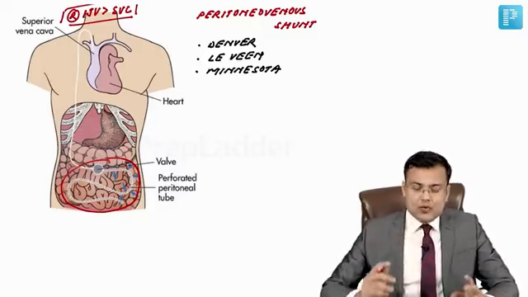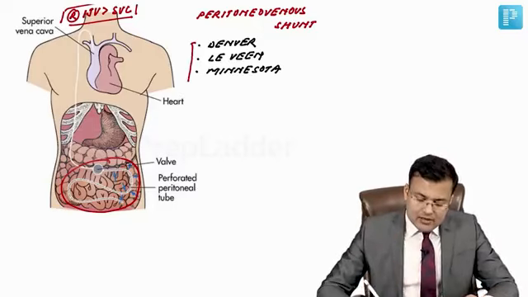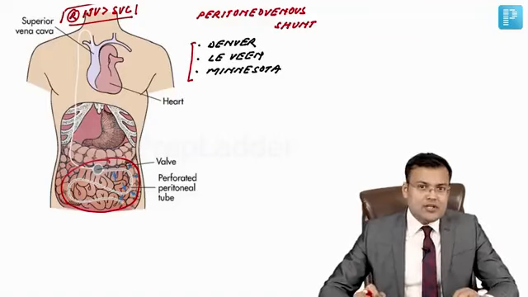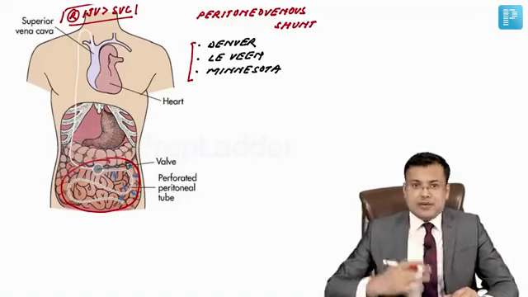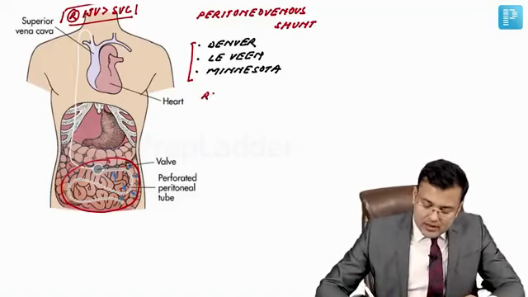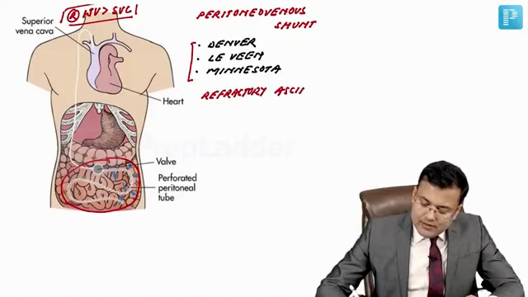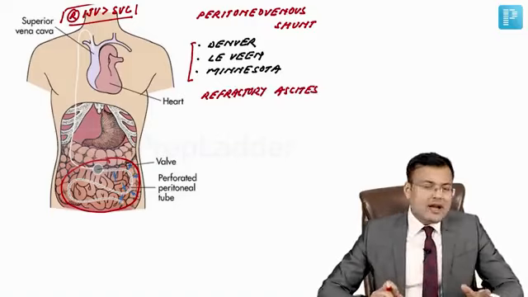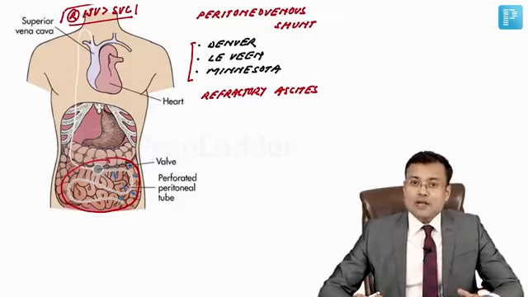Peritoneo-venous shunt. What are the names? Denver, Levine and Minnesota. These are the names for peritoneo-venous shunt. In which patients are we using this peritoneo-venous shunt? The indication is refractory ascites. The preferred vein is the right internal jugular vein followed by superior vena cava.